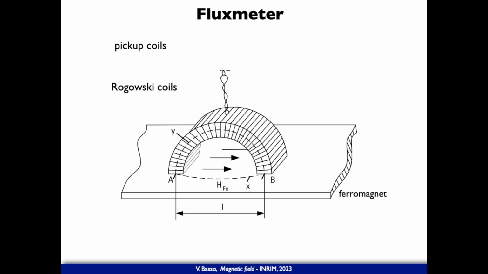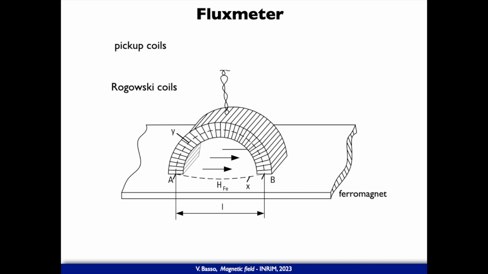It's not easy to define the field which is applied to an extended ferromagnet, a slab for example. One method is to use the difference in the potential between two points. This difference can be measured by means of a special coil called a Rogowski coil.